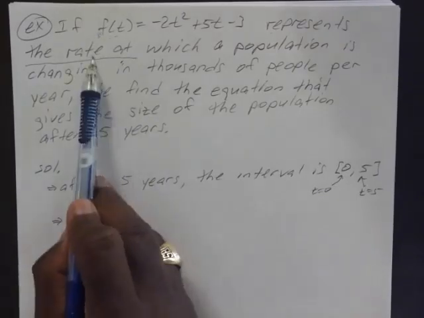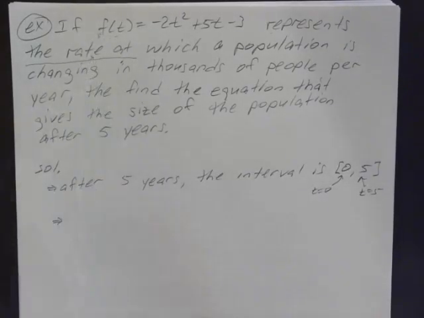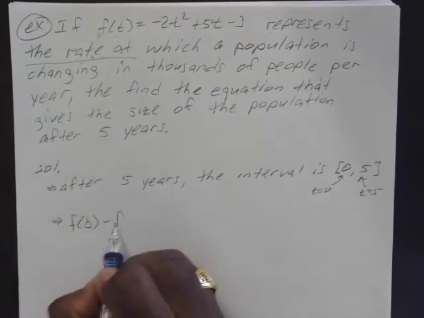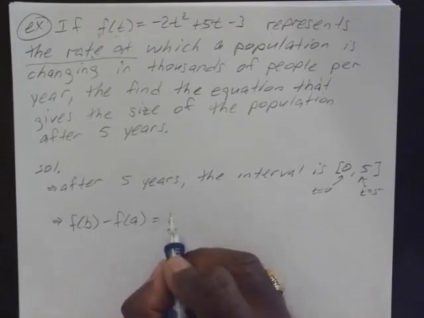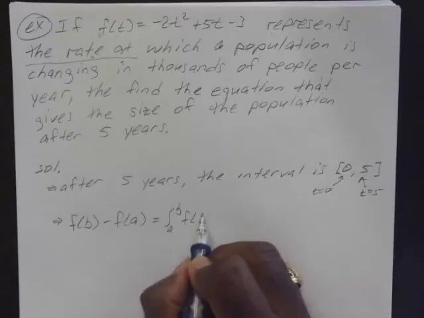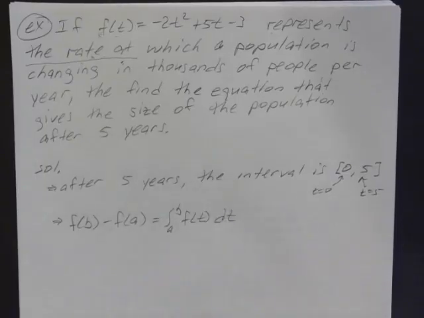Okay, so since this is your velocity function, we know that f of b minus f of a is equal to the integral from a to b of your velocity function with respect to t.